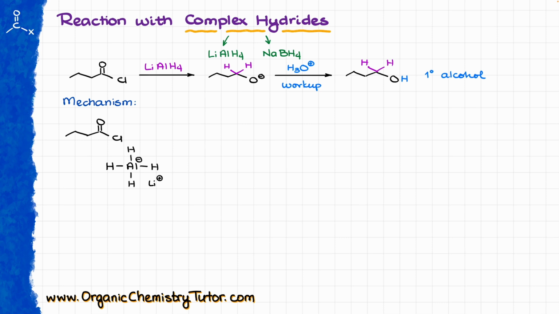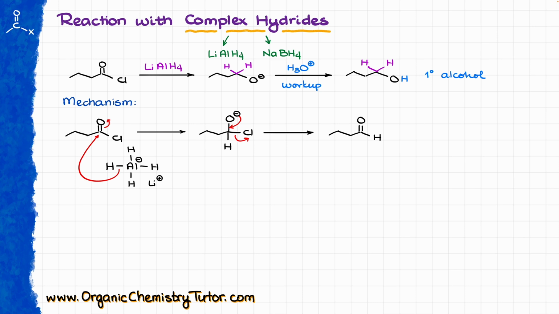Now, as we know, lithium aluminum hydride is a source of very nucleophilic hydride ions. So we're going to say that the hydride comes in and attacks our carbonyl pretty much in a similar way to how we have seen this attack happen for any other nucleophile today. This is going to give us the corresponding tetrahedral intermediate, and as soon as we form that, we are going to immediately kick the chlorine out, giving you the aldehyde.